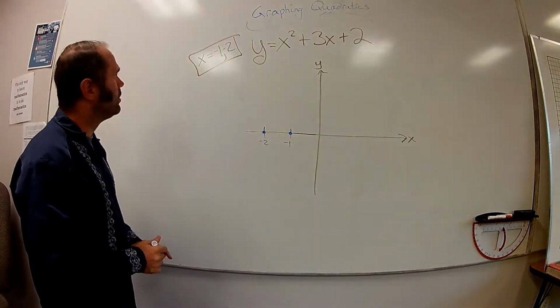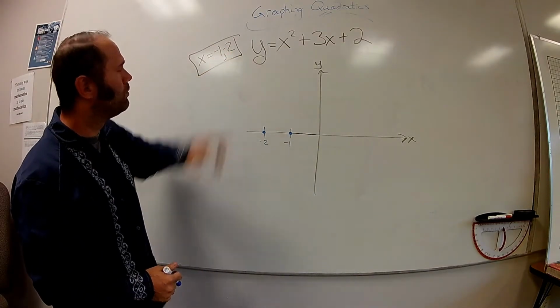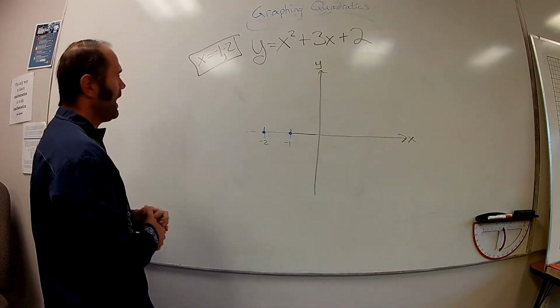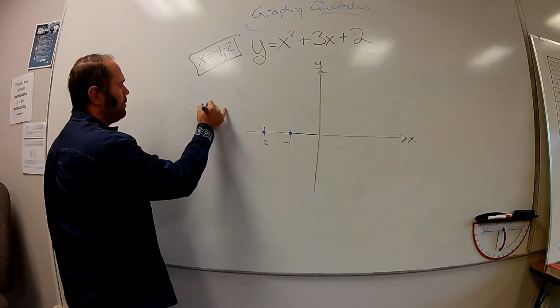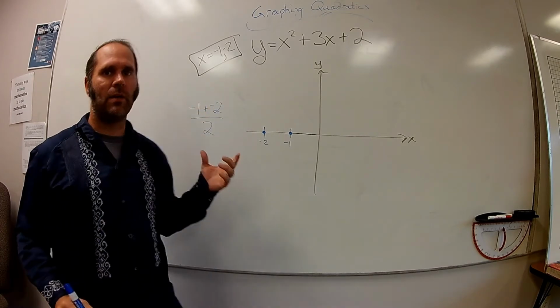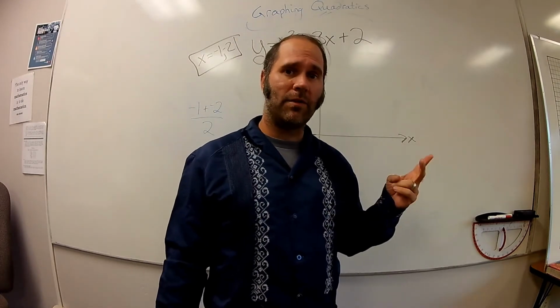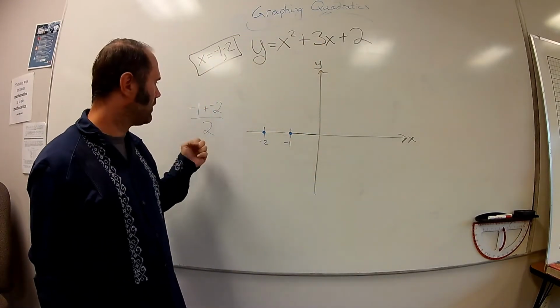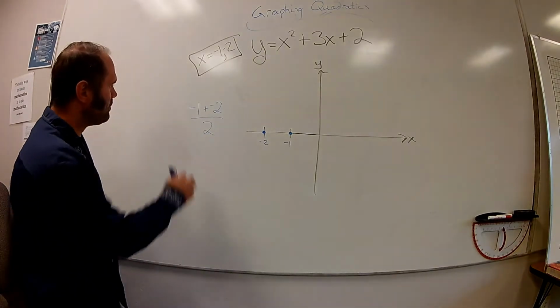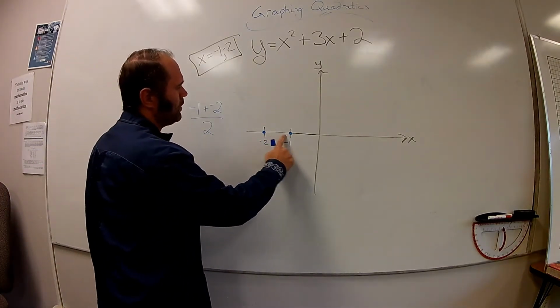So all we're going to do is find the value directly between -1 and -2. And so we can add the two numbers together, -1 plus -2 divided by 2. This is just finding what's called the mean or average. So we're adding the two numbers together and dividing by the number of numbers. This is the mean. This will get us the number right in between here.